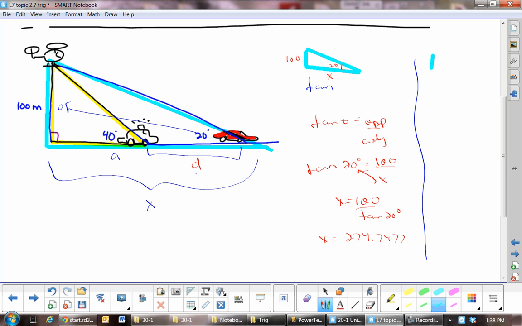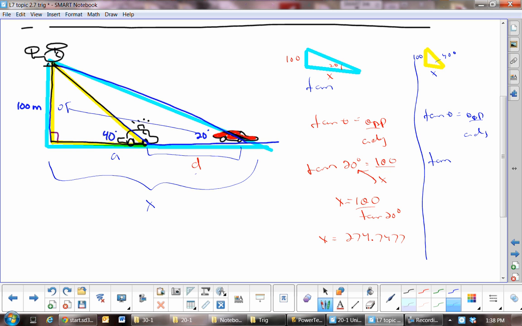Okay, now let's do the little yellow triangle. Okay, and let's find this x. This is still 100, and this is 40 degrees. So tan theta equals opposite over adjacent.